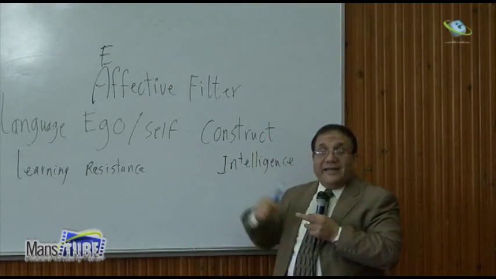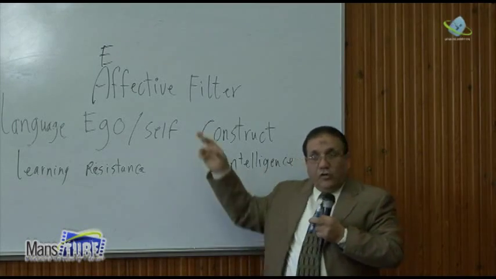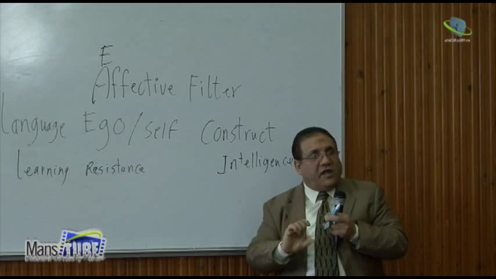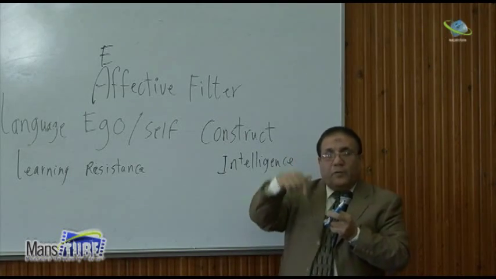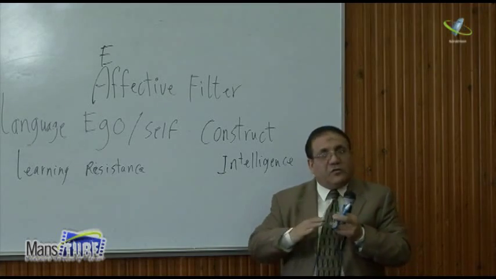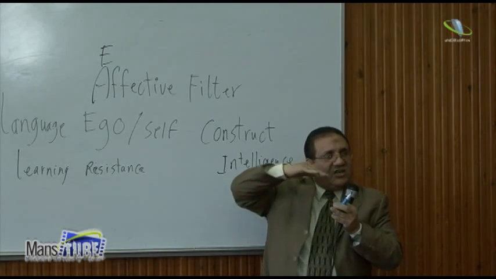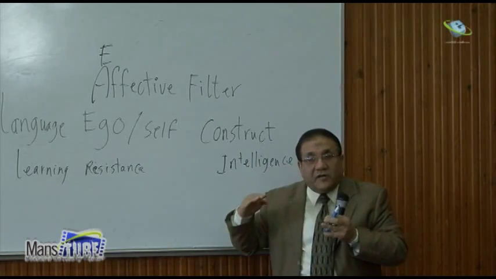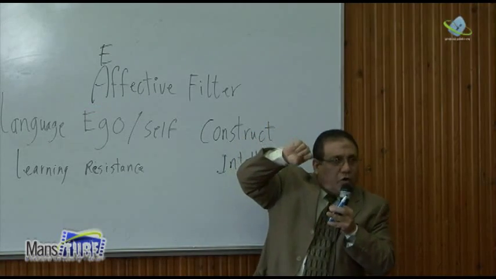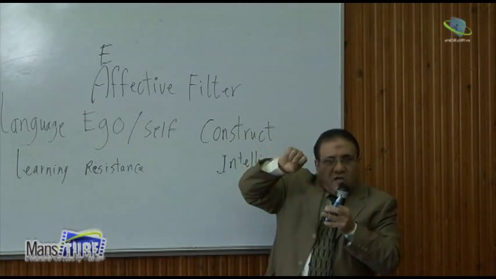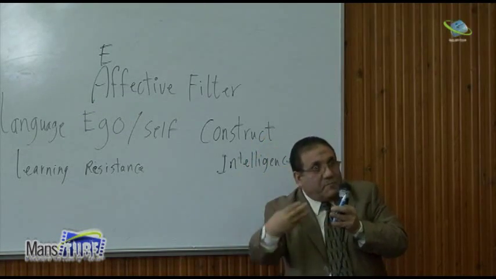If the filter is thick, it hinders learning. Do you know the filter can be thick or thin? If it is thick, no learning will go through it because it will stop learning. If you have a filter of many layers, layers means what in Arabic? Yes, if you have a filter of many layers and you want to pour oil or water, the layers will keep the water or oil from passing through it.